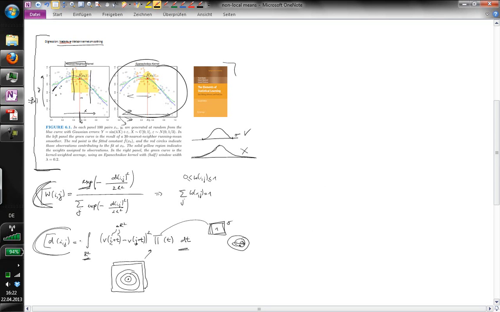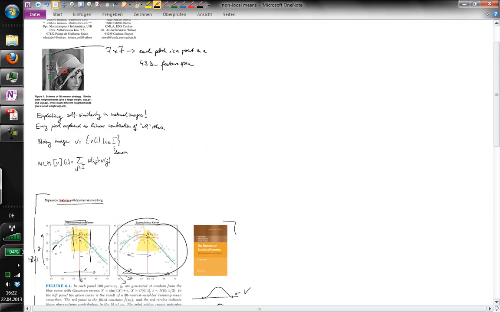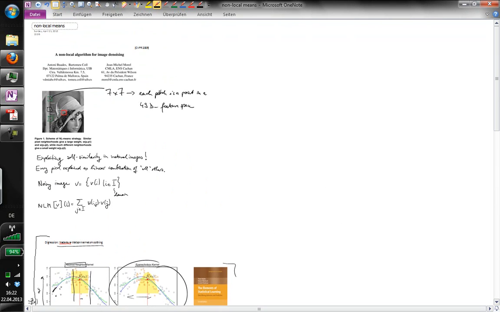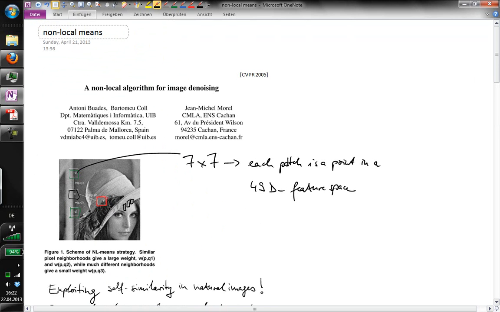So there are some points in the image which are more distinct than others. If we go back to this image here, the bar here, the vertical bar in the background, there are very many patches, and they are of course overlapping also, that essentially look the same.